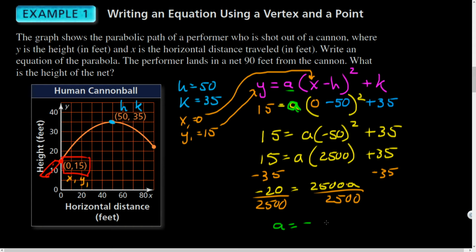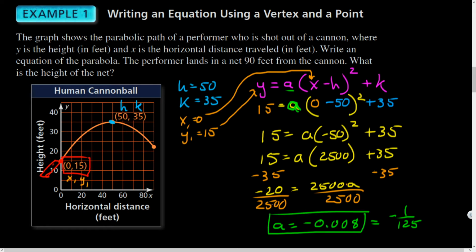It's going to be negative 0.008, which I believe, if I did this, is the same as negative 1 over 125. But we can work with the decimals in this case because typically that's what we're going to have.